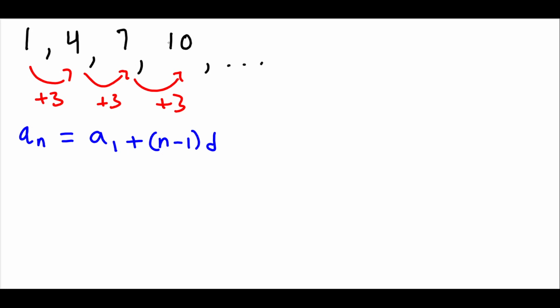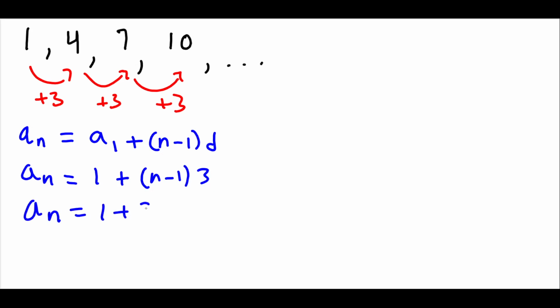Plugging in the values, a sub n equals 1 plus n minus 1 times 3. Then a sub n equals 1 plus 3n minus 3, using the distributive property. Then a sub n equals 3n minus 2.